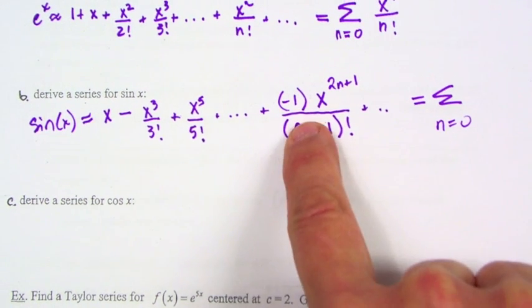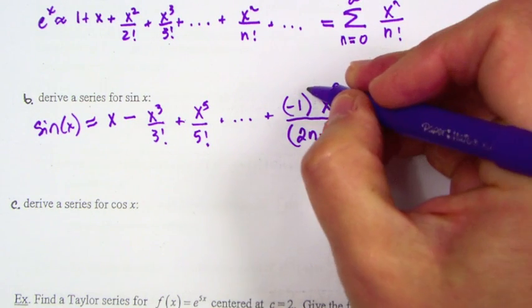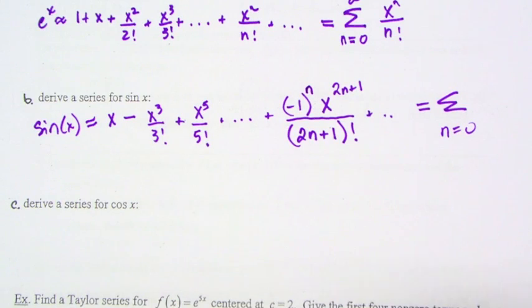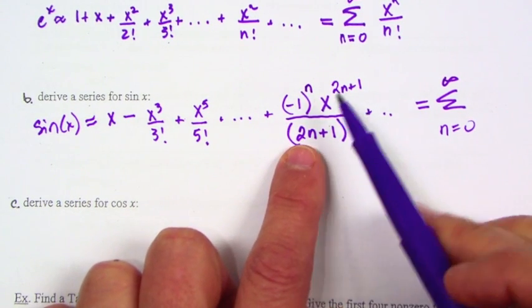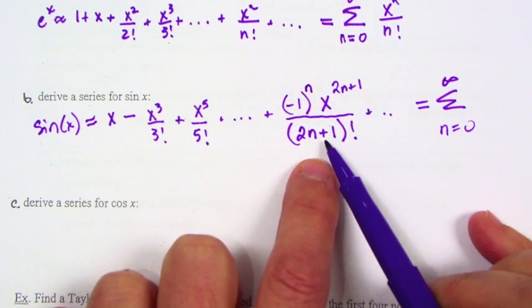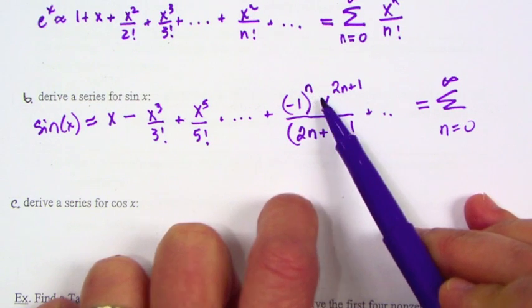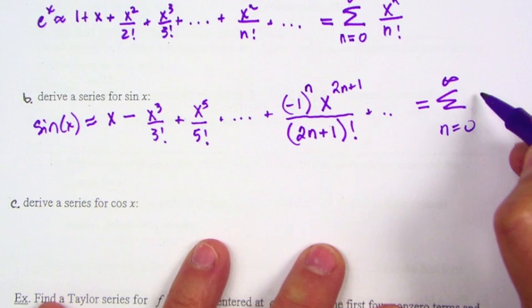So what needs to be on the negative 1? How about just n? Because if I start this at 0, that's going to give me the x to the first, over 1, and that's going to make that positive. You do have to take a little bit of time to think through that.